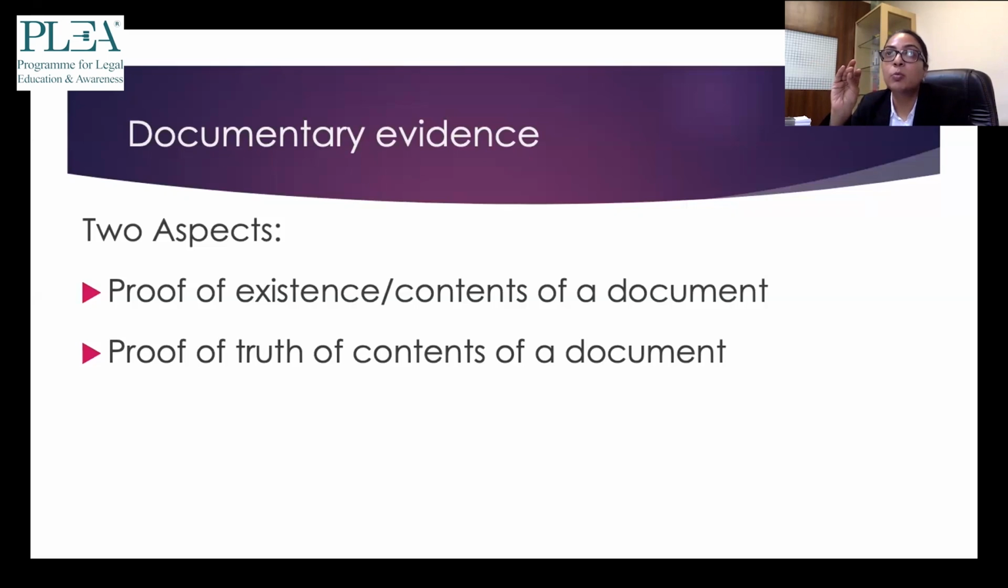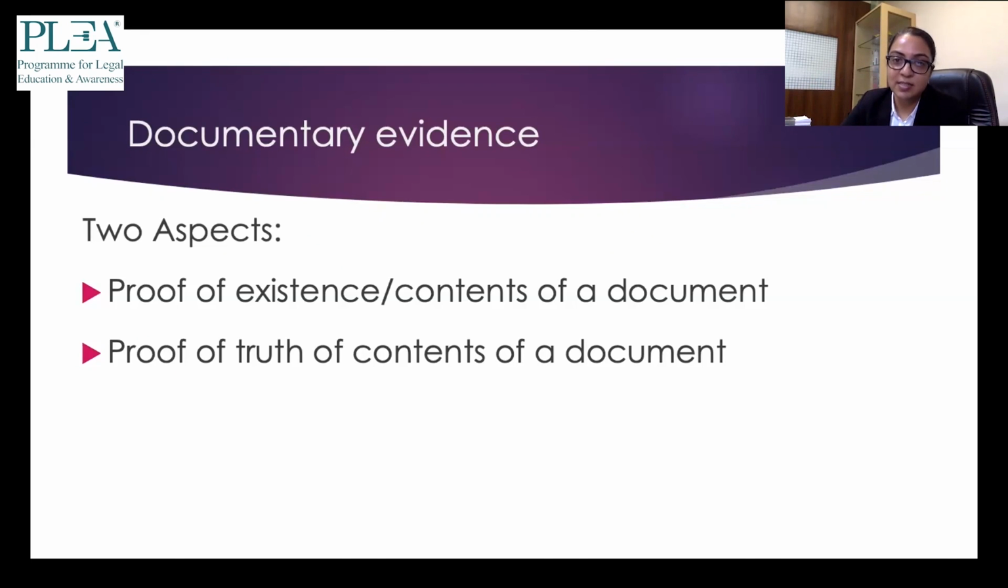We say you prove the existence of a document and you prove the contents of a document, but contents also really are the existence only. So when you prove the contents of a letter, you produce the letter and you say that the letter says XYZ. So therefore you're proving the contents, which is proving the existence. But proving that XYZ is true is proving the truth of the contents.